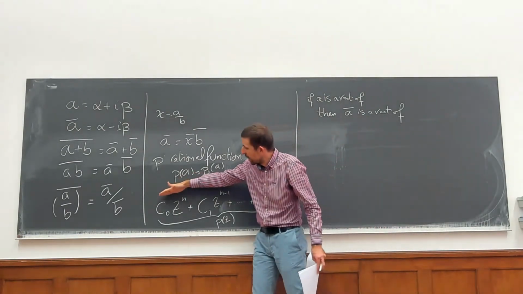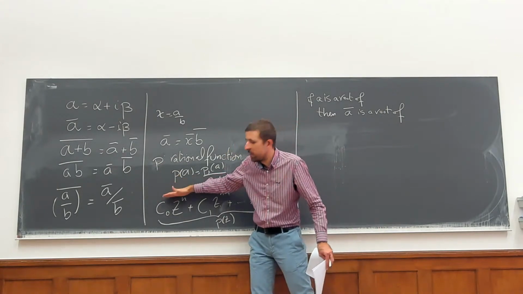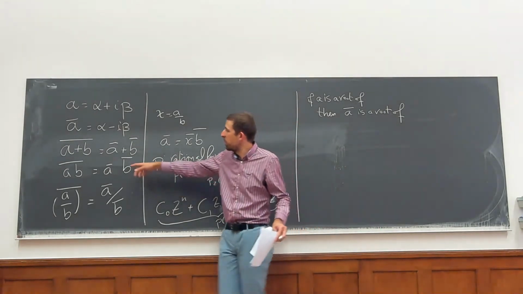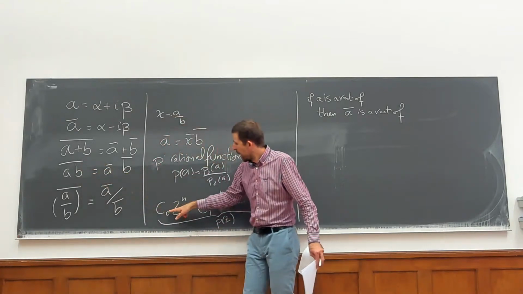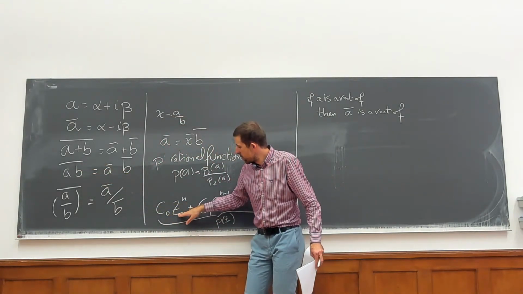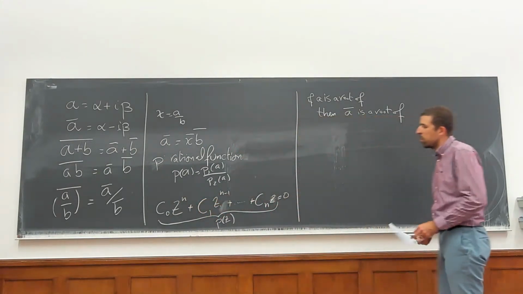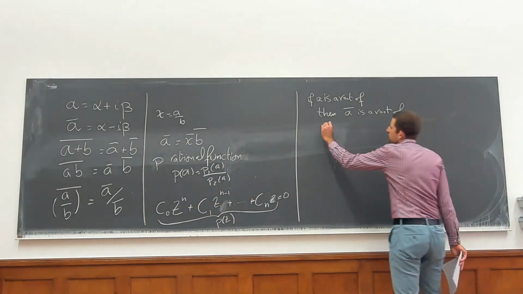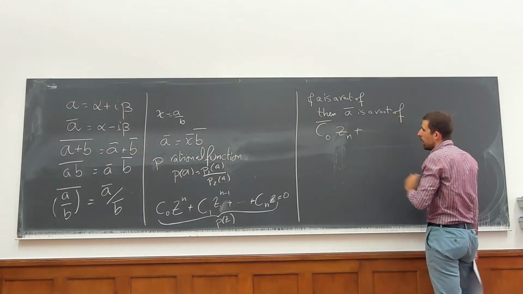And then I just get conjugates in each one of the C's, and conjugates in the Z's in some power of Z, but because the conjugate of a power is just the power of the conjugate, I get just that C0 Z conjugate to the n plus C1 Z conjugate to the n minus 1 and so on is equal to 0, right?